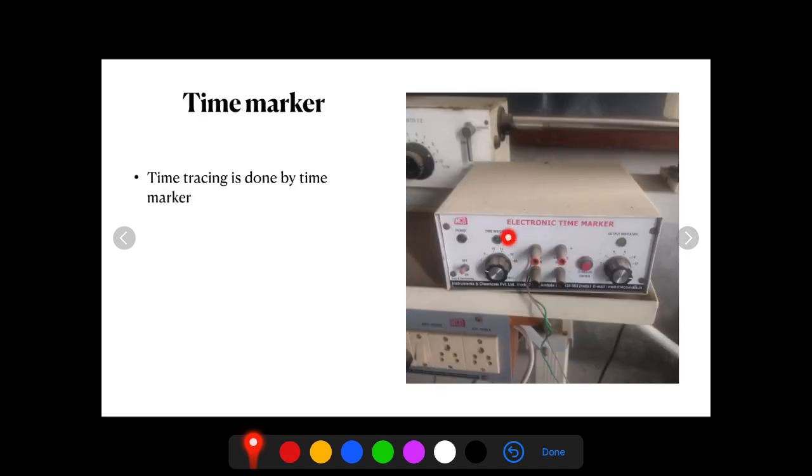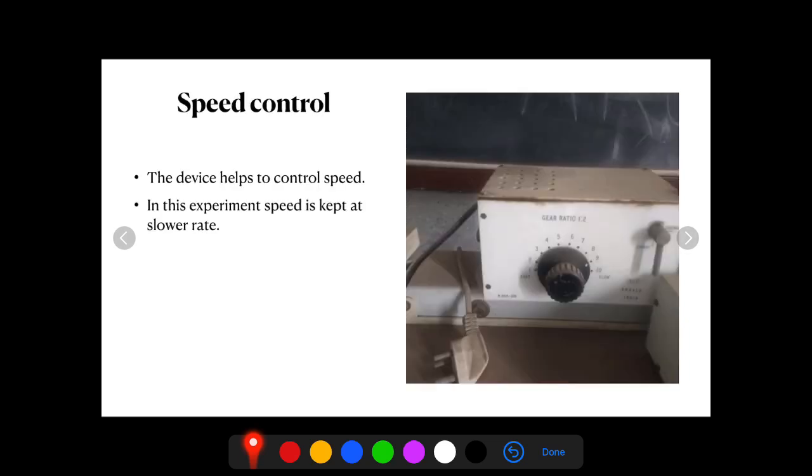Now, this is time marker, and you can control the different parameters of the time marker, and with the help of this instrument, time tracing is done. Now, this is speed control device. With the help of this device, you can control the speed of the experiment; the speed of the drums or the kymographs is kept at a slower rate for the convenience of the experiment.